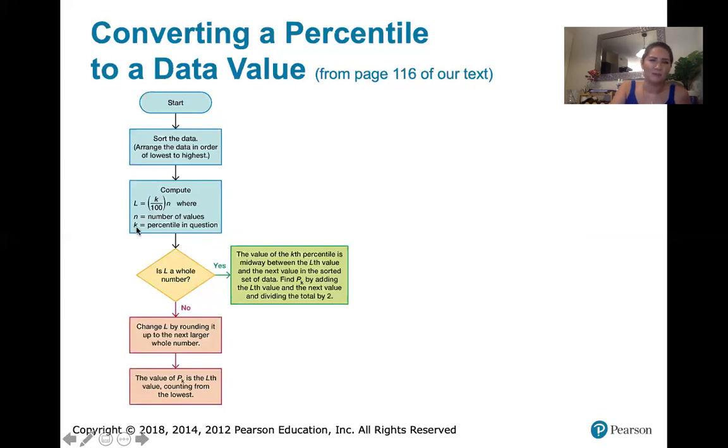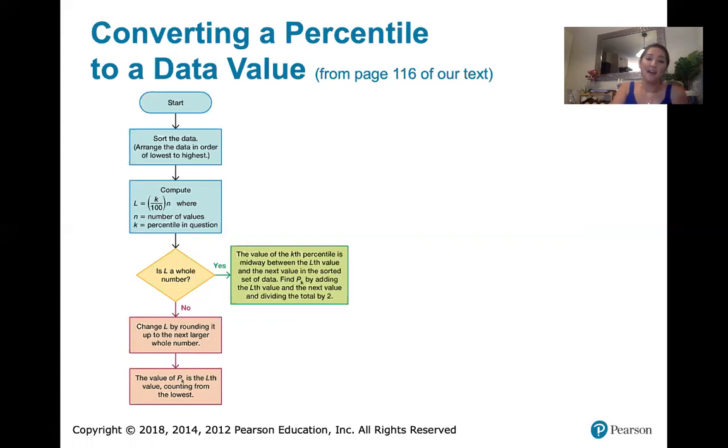Like if we were looking at 25%, I could write that as the decimal 0.25, or I could write that as 25 over 100. So I would say 25% of the number of values n. So I take the 25% and I multiply by n to get the locator for a value at the 25% of the way through the list.